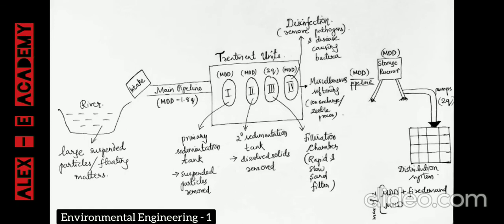This will be the fourth treatment unit. So 4 sets of treatment will be done to the water coming through the main pipeline, and then if the water is still hard, we do some miscellaneous softening process like the ion exchange or the CLA process. It will be dealt with later, and from there we again take the water through a pipeline to a storage reservoir.